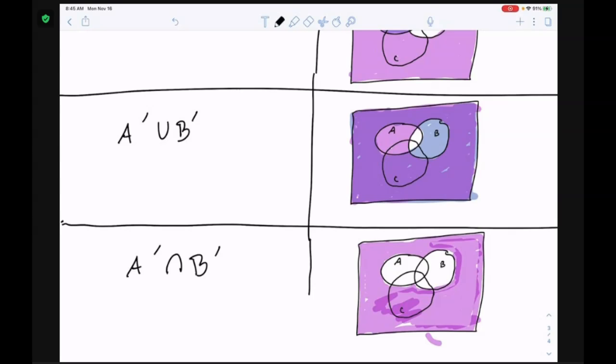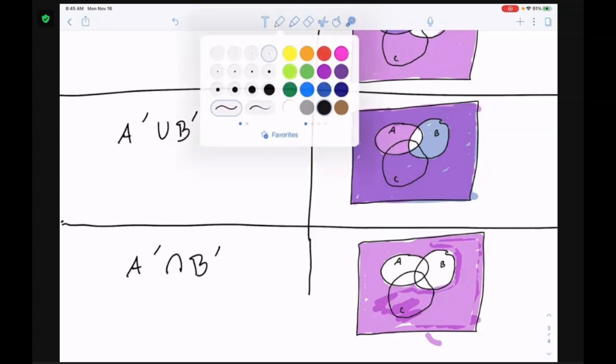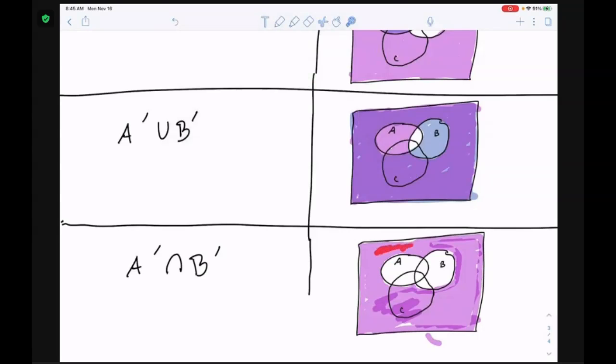So this part out here, this part right here is part of not A because it's outside the circle of A. And this part here is not B because it's outside of B. So first and foremost, you can see how the reason why this out here is part of not A and not B is because it's not included in A and it's not included in B. It was outside, and that's why over here you can note this because it's darker purple.